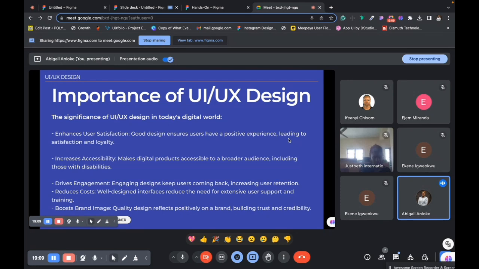You need to hop on. So let's look at some importance of UI UX, so you don't say it's coming from my mouth. One, UI UX enhances user satisfaction. Like I said before, while I was explaining what UI UX is all about, I believe the reason you use WhatsApp is because the experience is amazing. You can do a video call, and you don't need to look for where the video call icon is. You can post on your status and update your friends.